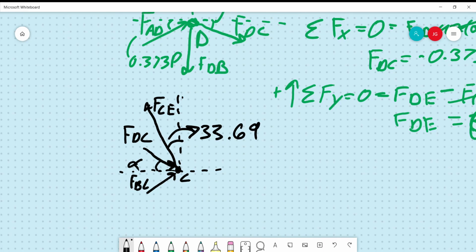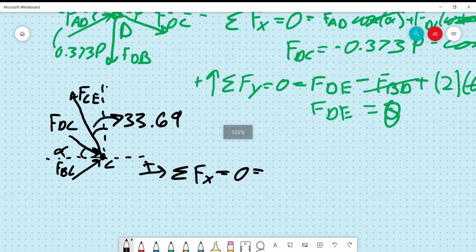And now all you have to do is do some forces in the y, some forces in the x. I'm going to do some forces in the x because I find that easier, because these are both going the other way. So make that positive, that equals 0.